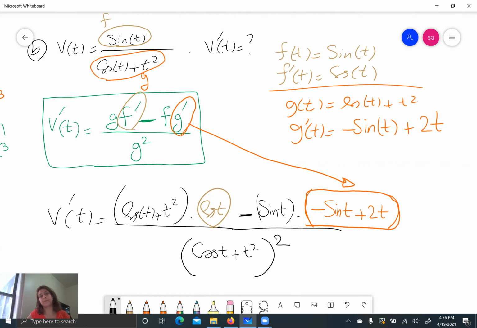Let's call the numerator f, and let's call the denominator g. In this example, it would be easier if I give them names, for the sake of using the quotient rule.